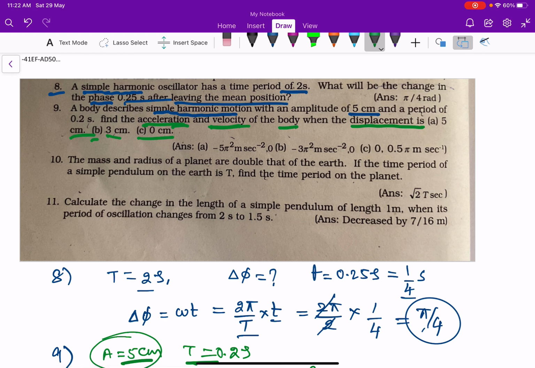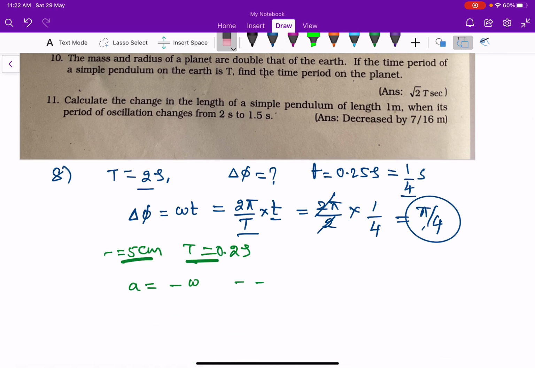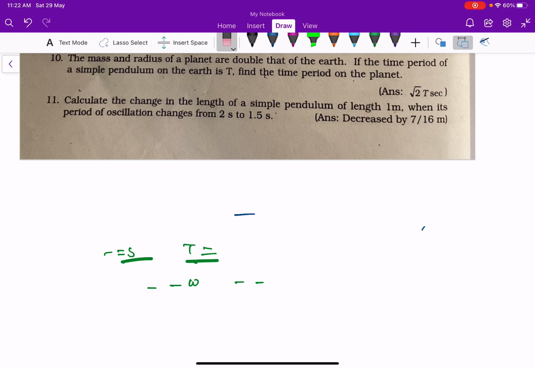Next, 10th one. The mass and radius of a planet are double that of the earth. See here, we will discuss acceleration due to gravity in the next chapter.